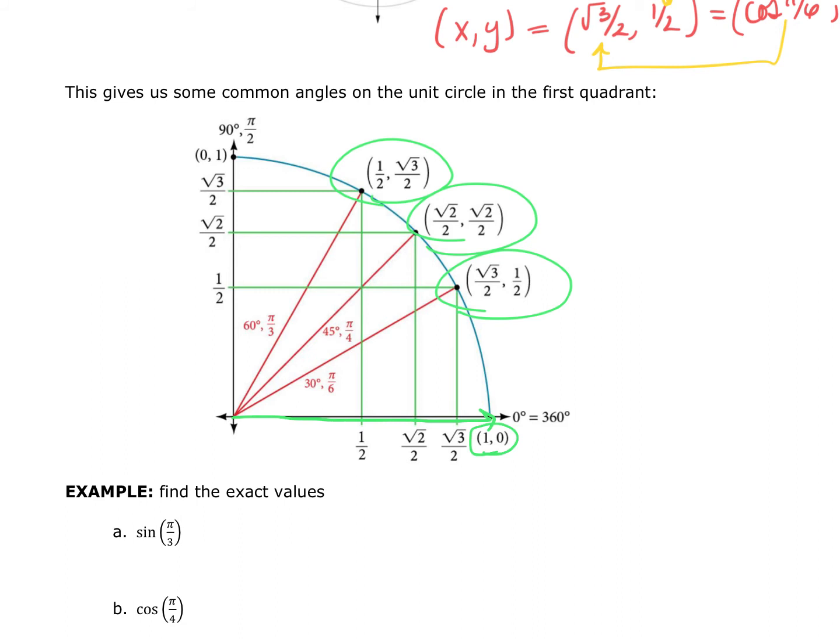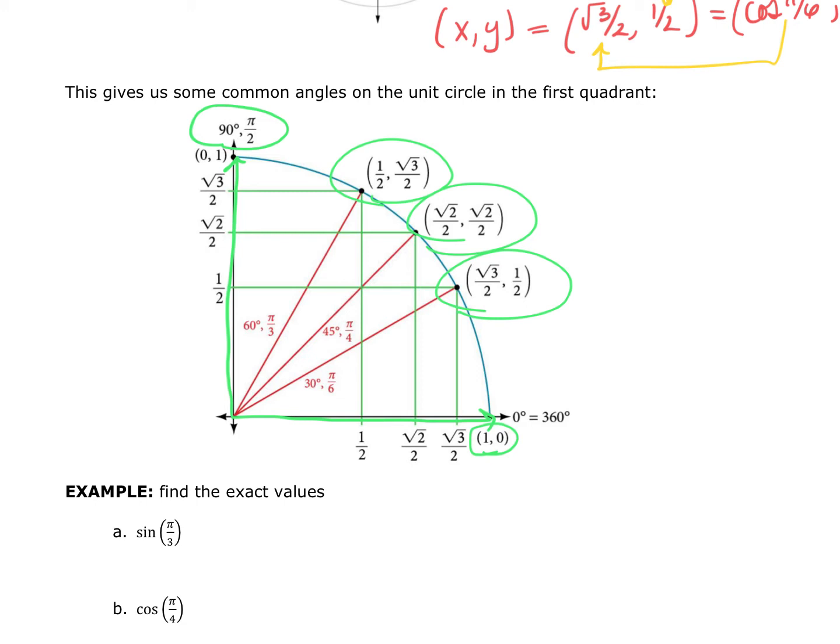So now I have the values for sine and cosine for 0, 360, and 2 pi. If I am straight up, which is 90 or pi over 2, it has a radius of 1, so it must be going through the point 0, 1. That means I have the sine and cosine for pi over 2 or 90 degrees.